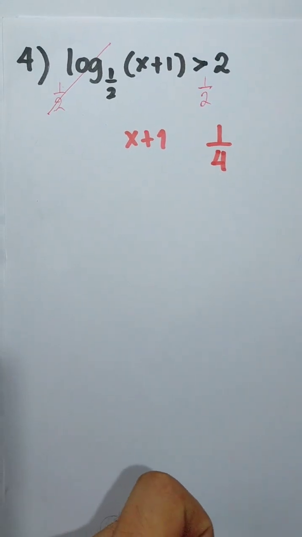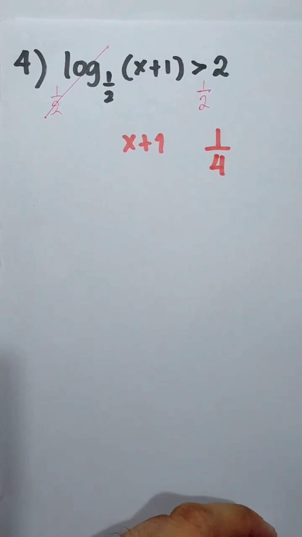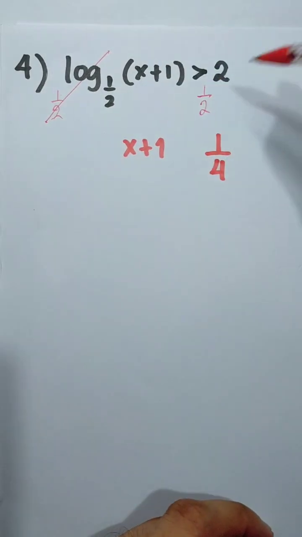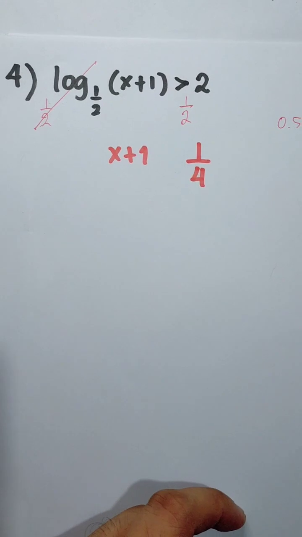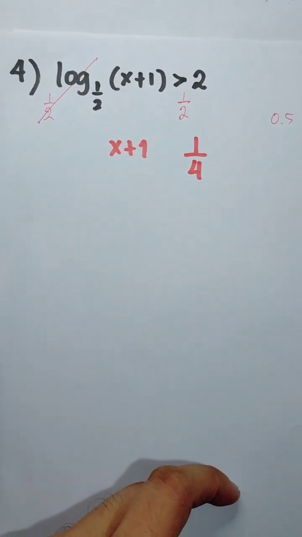So we have 4. This side, our left side, is bigger than the right side. So if our base is less than 1, let's write our 1/2 as 0.5. The other side 0.5.